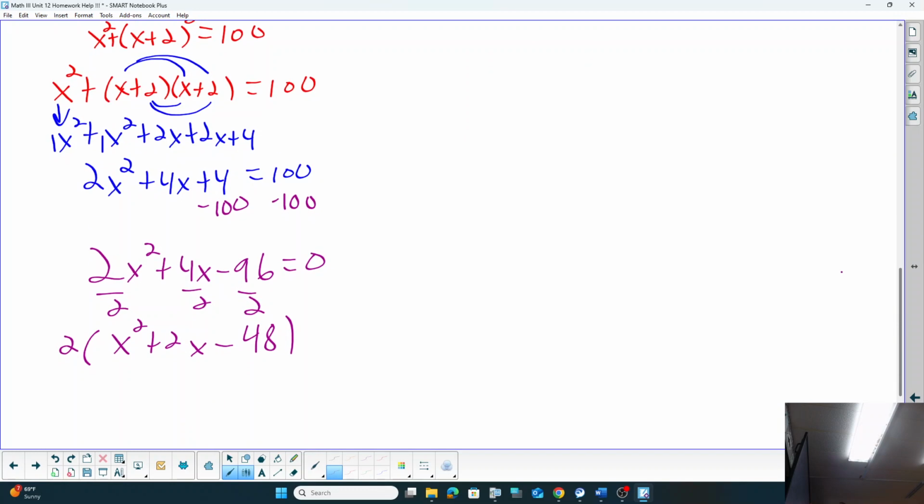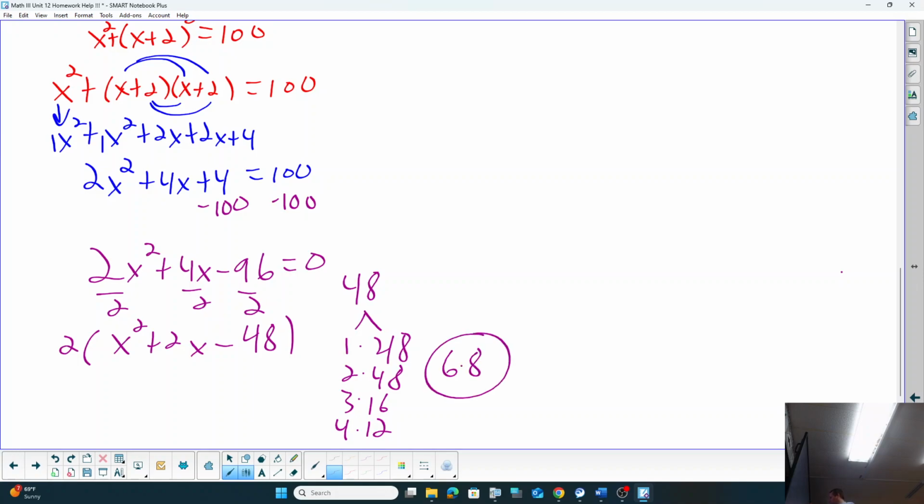Not 1 and 48, no. 2 and 24, no. Supposed to list them all basically. 3 and 16, 4 and 12, getting closer. How about 6 and 8? Bingo! It has a difference of 2, and that's what we want.